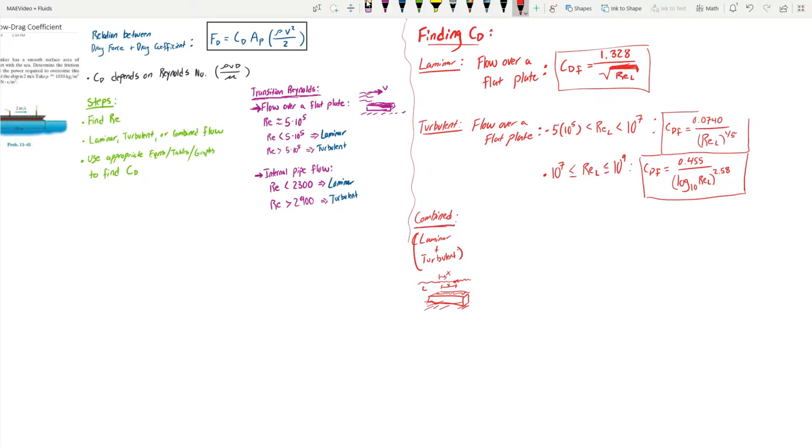In that case, we can find the drag coefficient. I should add, this is also flow over a flat plate.